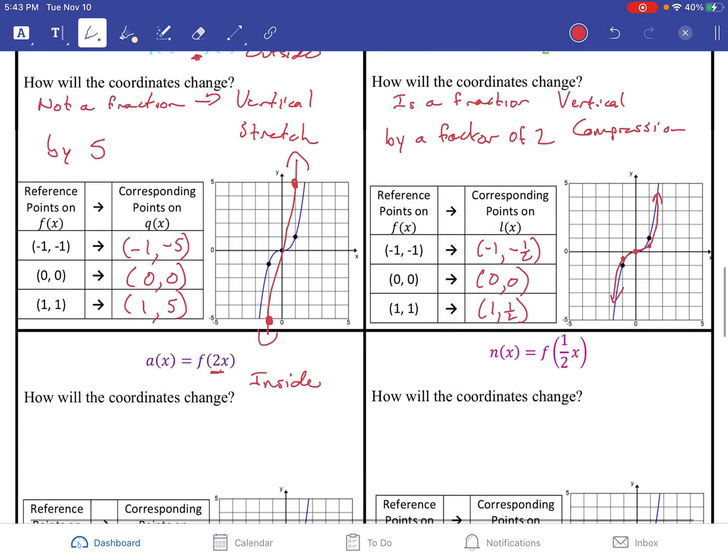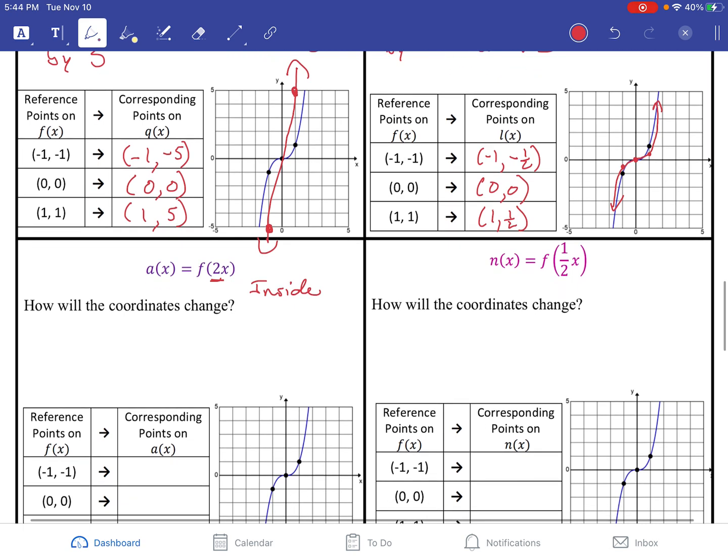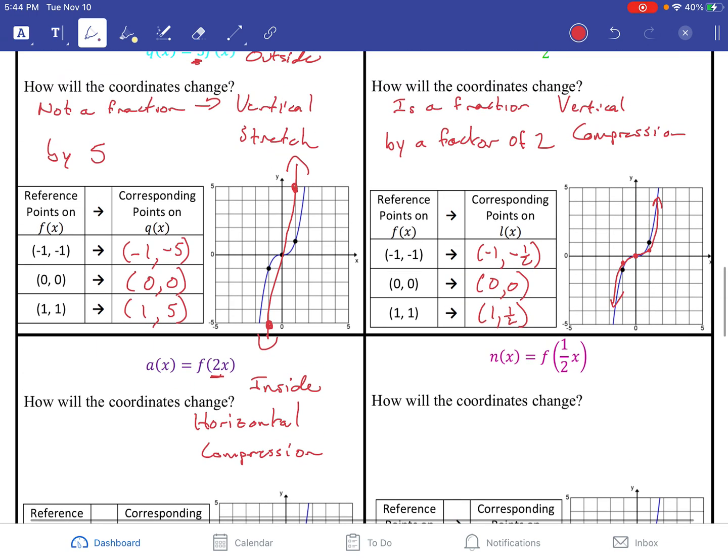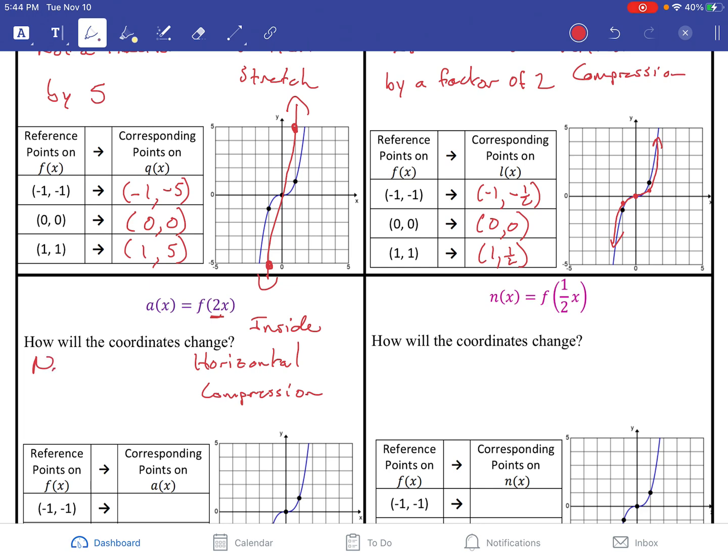This one is called a horizontal compression. That's going to be, so this is not a fraction.